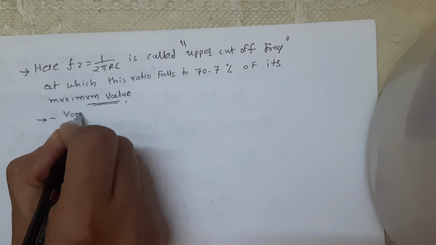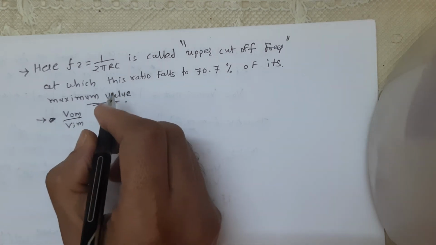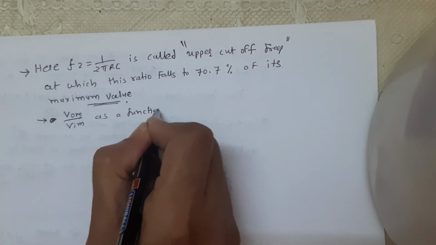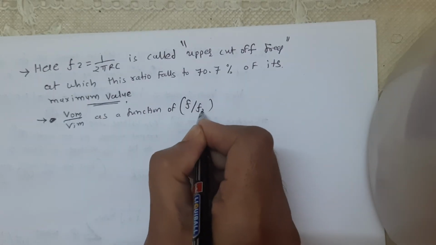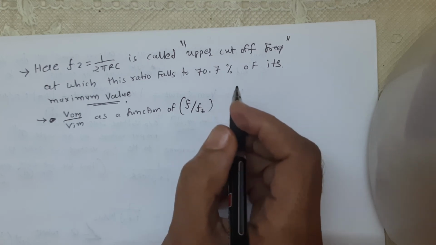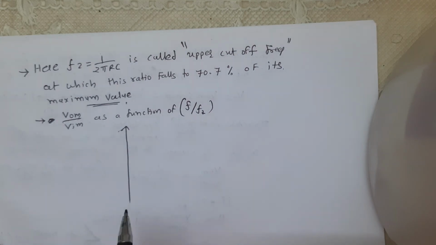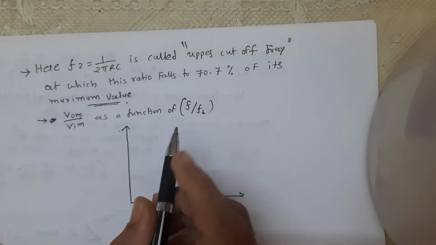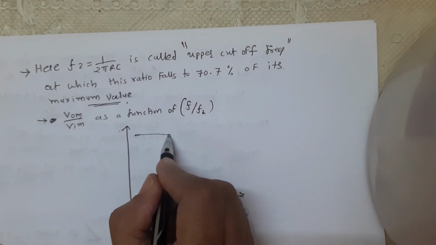The variation of the ratio VOM upon VIM as a function of f upon f2 is shown in the figure. See the figure. At low frequency, the output is high.